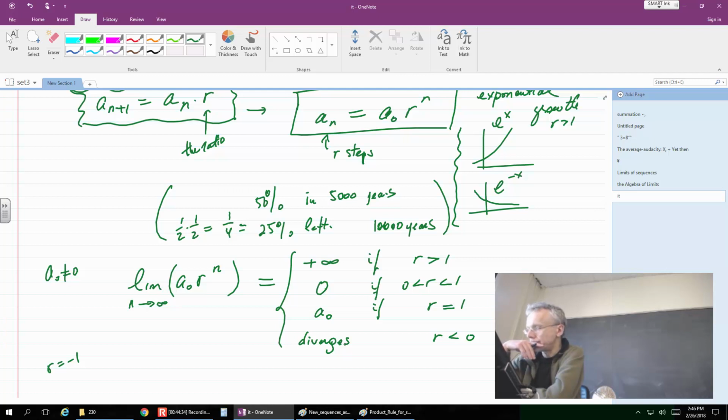Well, not true. This is only true if r is less than or equal to -1. However, if you take -1/2, what's going to happen? If r is equal to -1/2, if I keep multiplying by -1/2, what's going to happen?